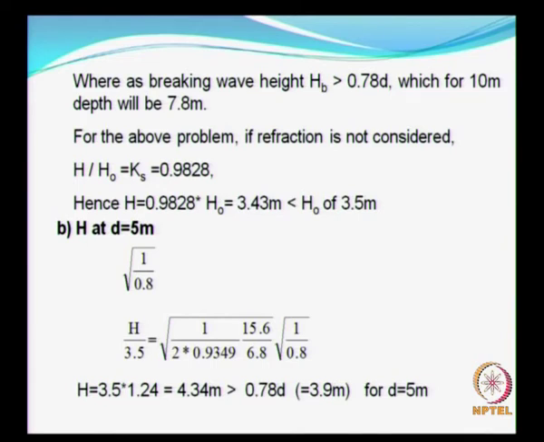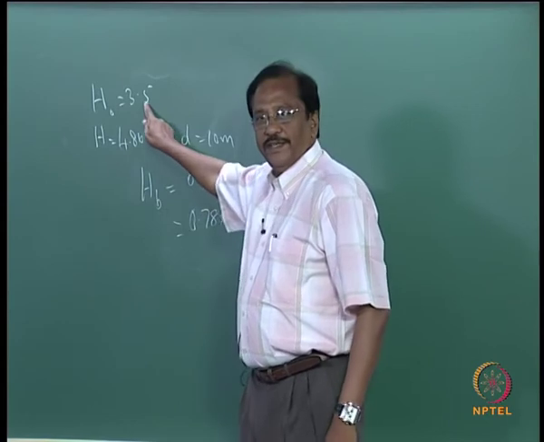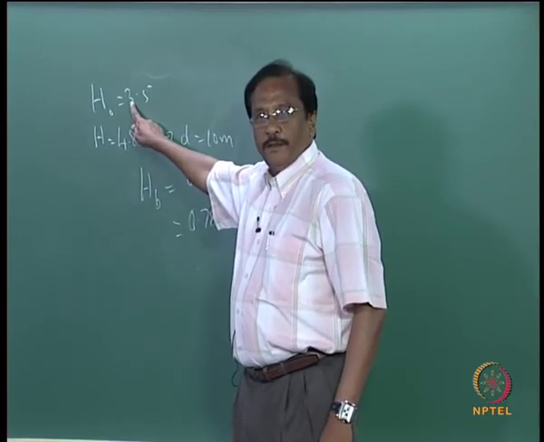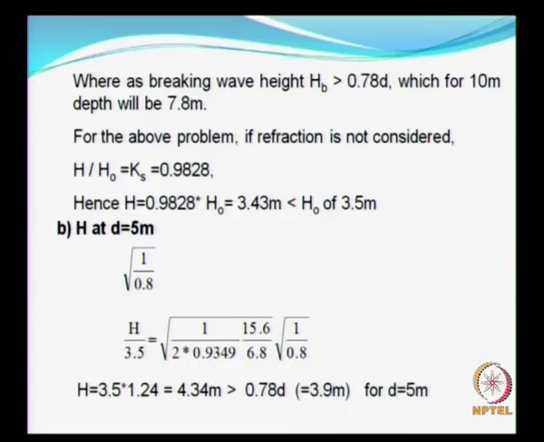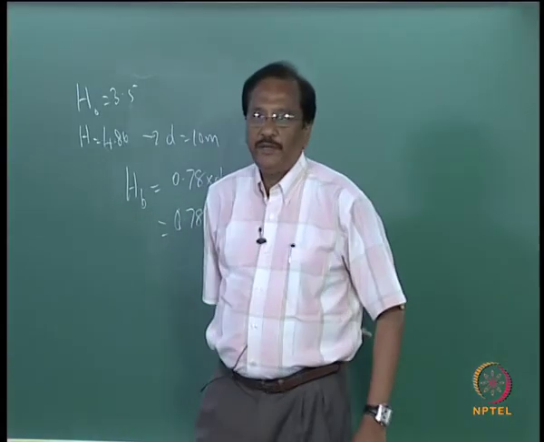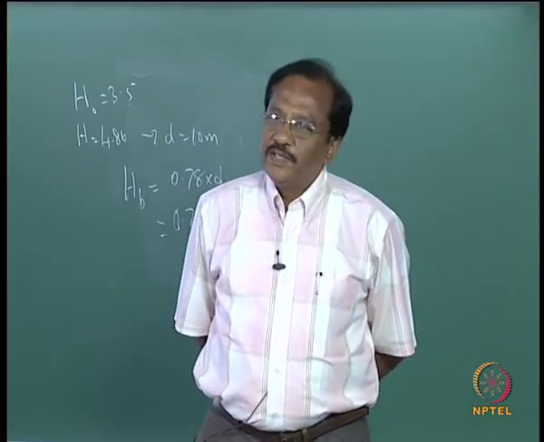For the above problem, if the refraction is considered, the wave height is this much. If the refraction is not considered, then you see that your Shoaling coefficient will be just less than 1, which means your wave height in 10 meters water depth will be less than the deep water wave height. Now is it clear?